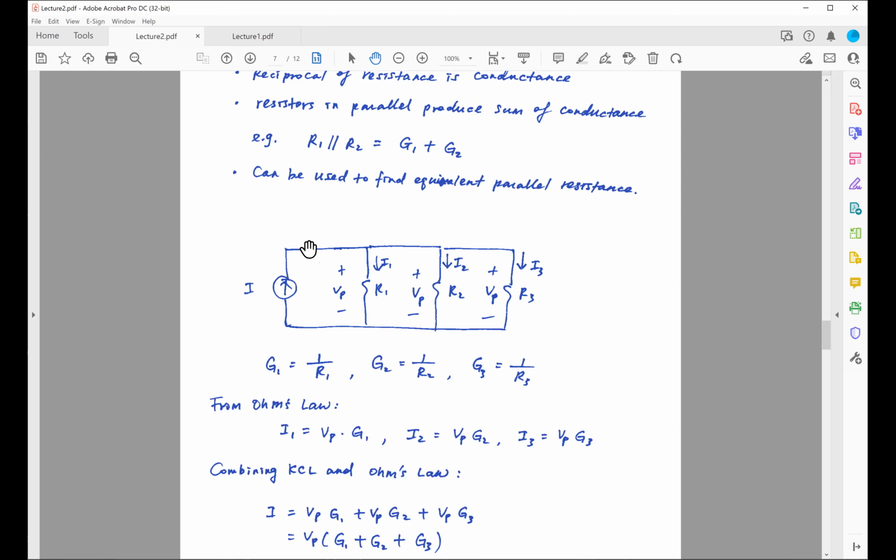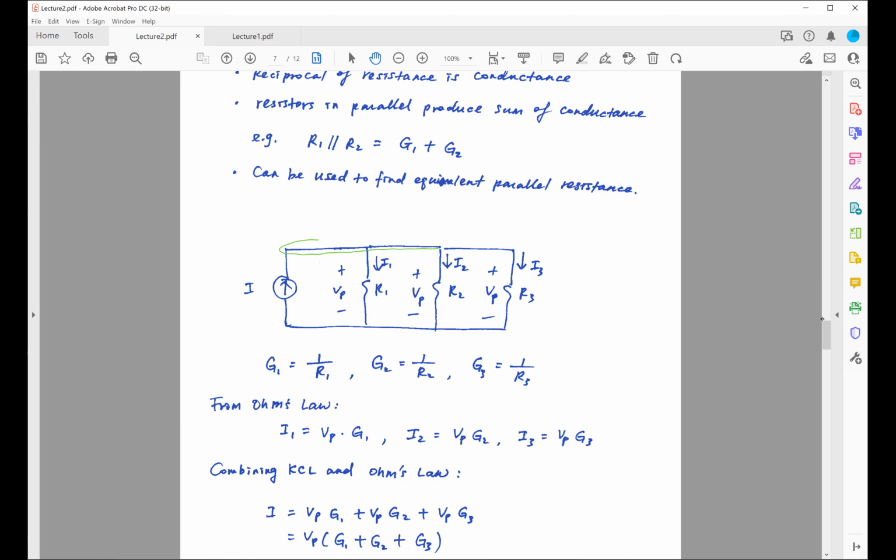So for a given circuit, I have the current source, and I have 3 resistors, R1, R2, and R3 in parallel. As I mentioned, the voltage drop across R1, R2, and R3 must be the same, since they are sharing the same node.